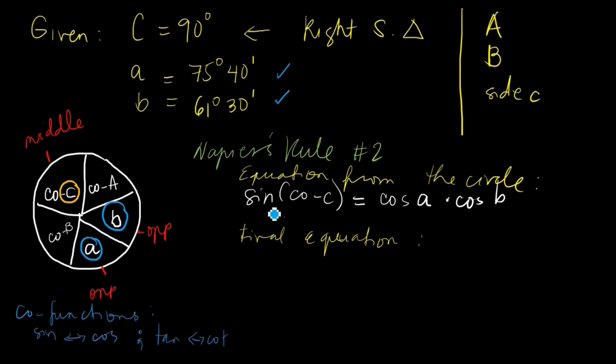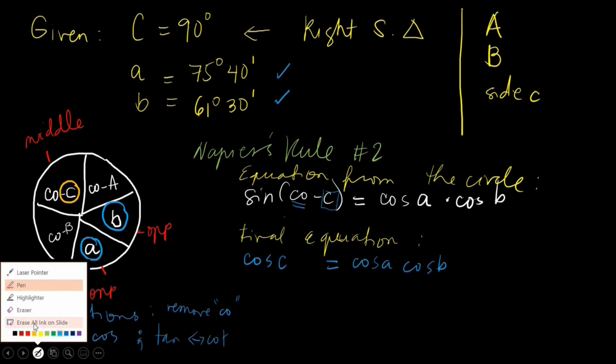For this final equation, we can see on the left side that we do have the CO. To remove it, we need to replace sine with cosine, because the cofunction of sine is cosine. So cosine, and then copy the part of the spherical triangle, so that is C, equals. On the right side, we do not have any CO, so we just copy it: cosine of A times the cosine of B.